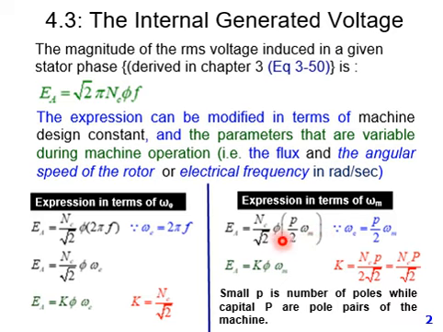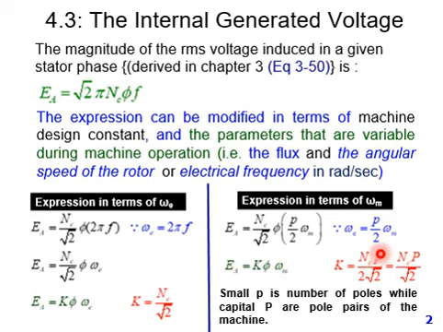So omega E is equal to P by 2 of omega m, which means if the number of poles is P, let's suppose 2 poles, then 2 over 2 would be 1, so omega E would be equal to omega m. If there are 4 poles, then it would be 4 by 2, which is 2, so omega E is equal to 2 omega m. So this is the main theme.